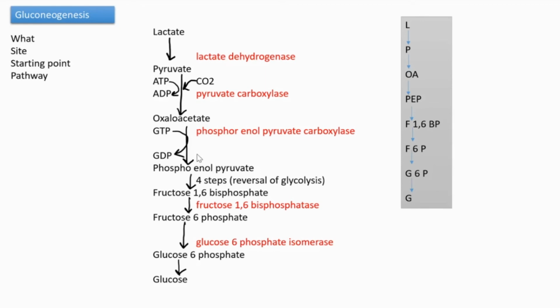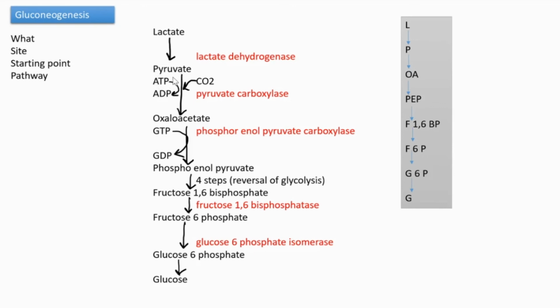The first step, pyruvate combines with carbon dioxide to form oxaloacetate, and the energy required for the step is obtained by the hydrolysis of ATP.